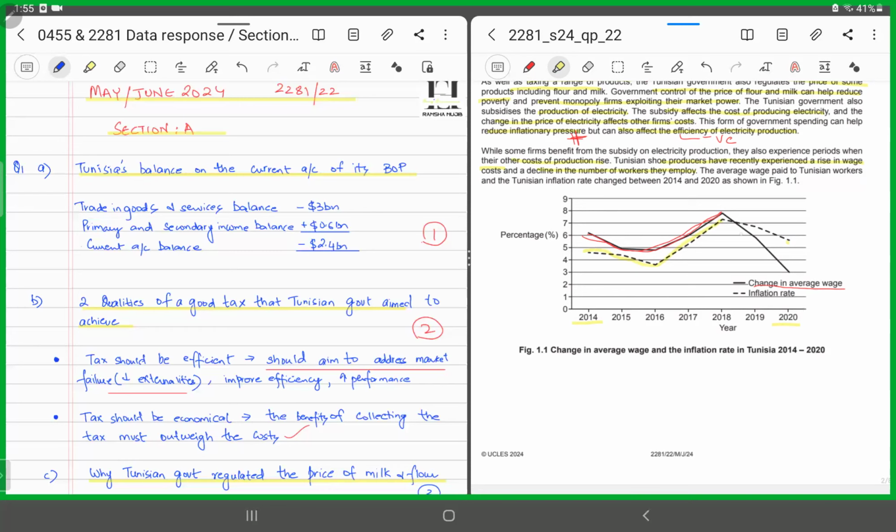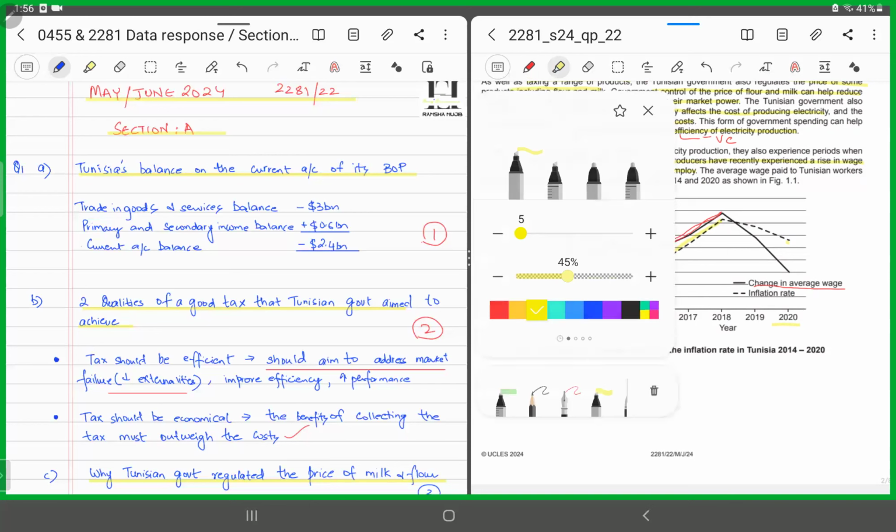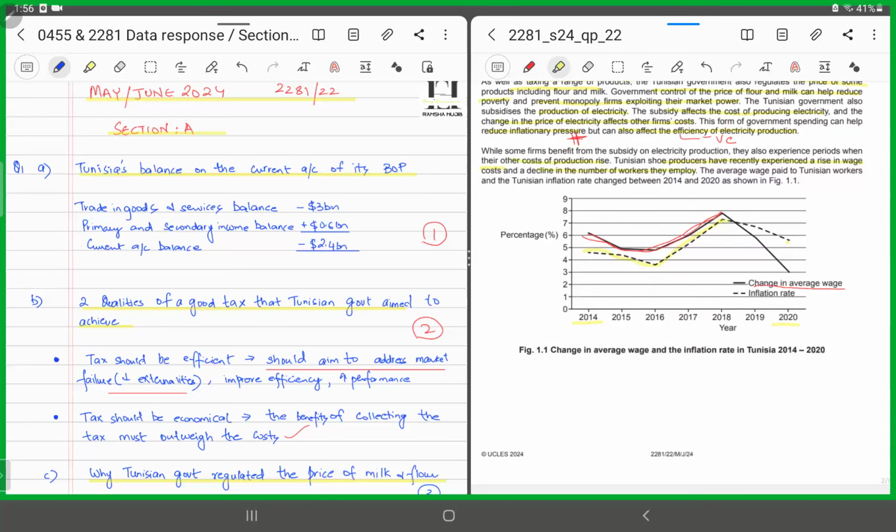But after 2018, you see what has happened is that the inflation rate was more and the change in average wage rate fell. Now both are falling. The change in average wage rate is also falling and the inflation rate is falling.